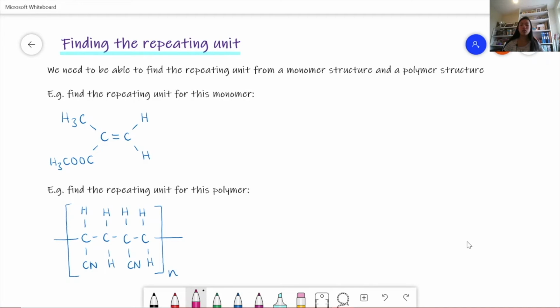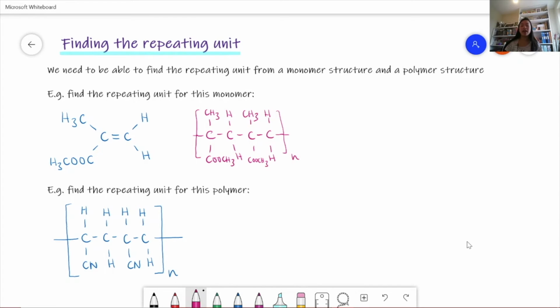So then what this would form would be you'd have 4 carbons and then COOCH3, and then a hydrogen on this one, and then some more hydrogens. That one would also be a COOCH3. And then you'd have a CH3 here, and a H, and a CH3, and a H. So this would be the polymer that you would get.